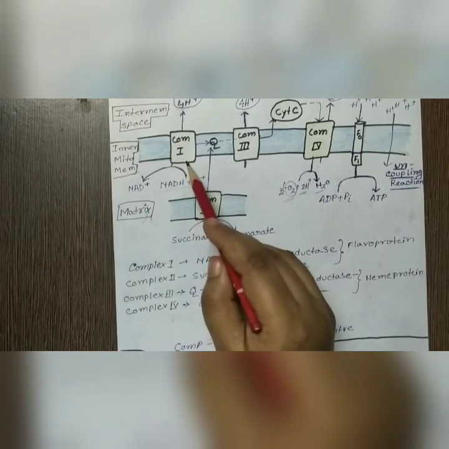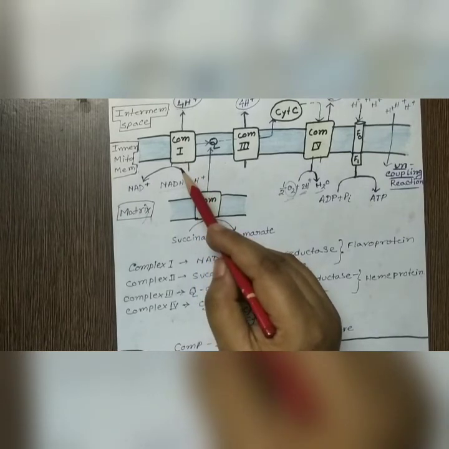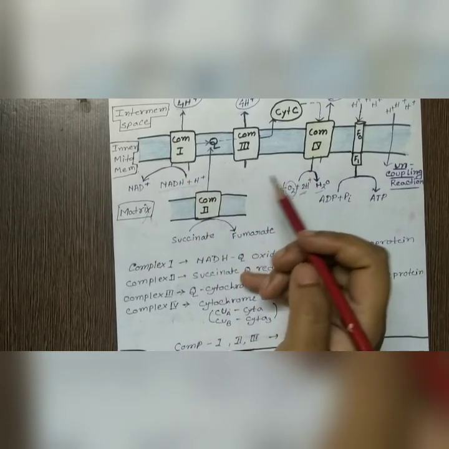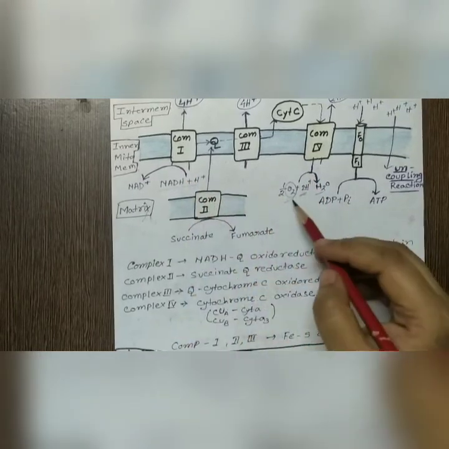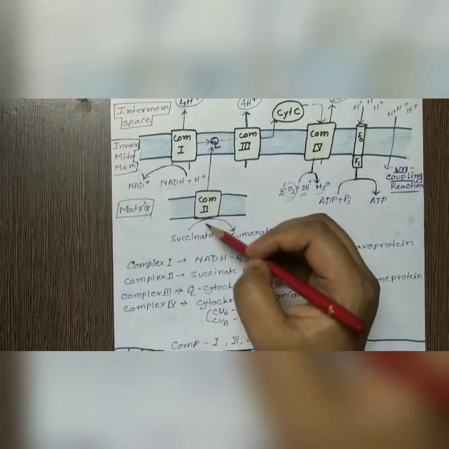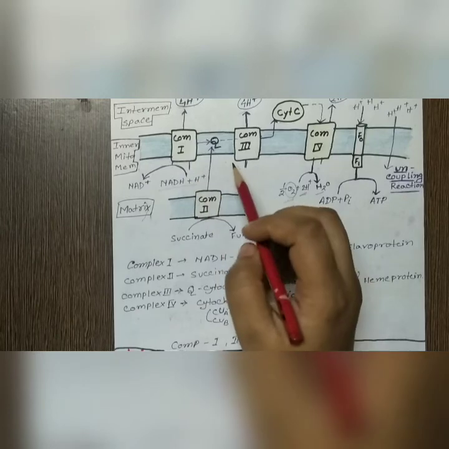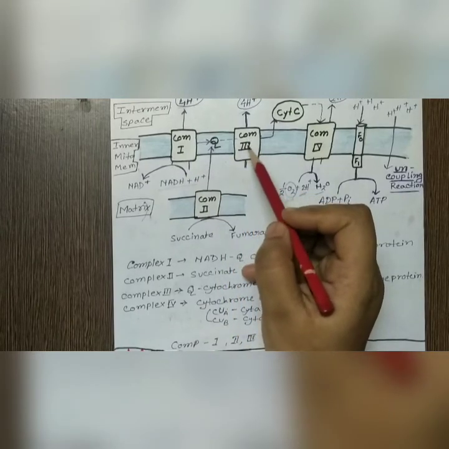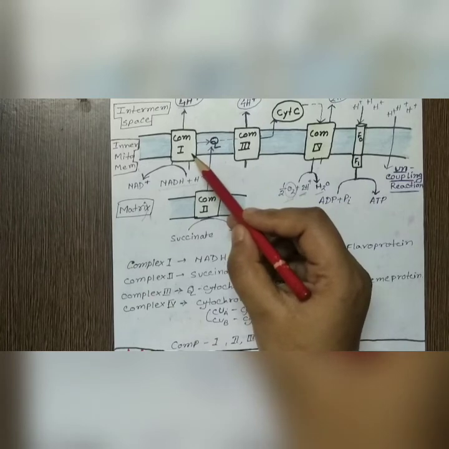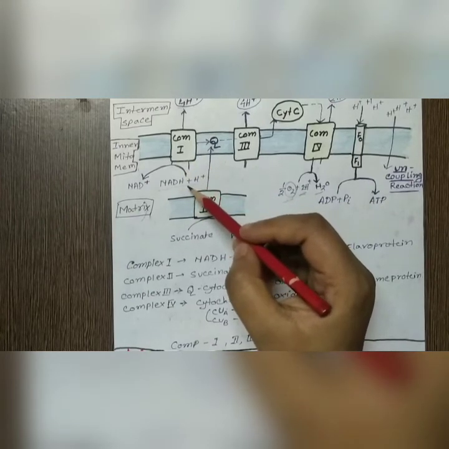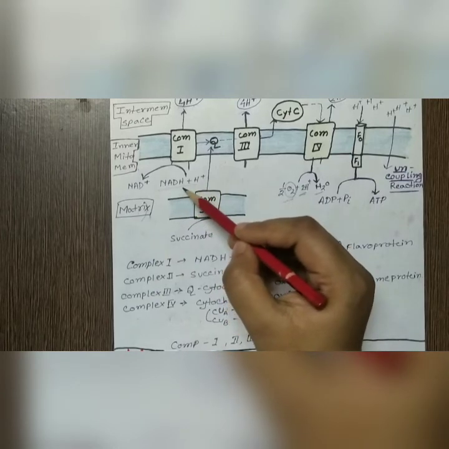That means what? The more negative one has more power to reduce another, and oxygen has the least power, so it is placed last in the ETC. So let's suppose we place complex third in place of complex first, what happens? It was unable to oxidize NADH, right?